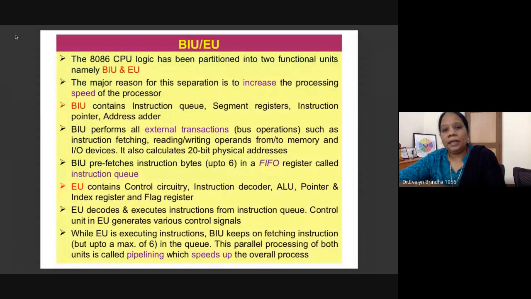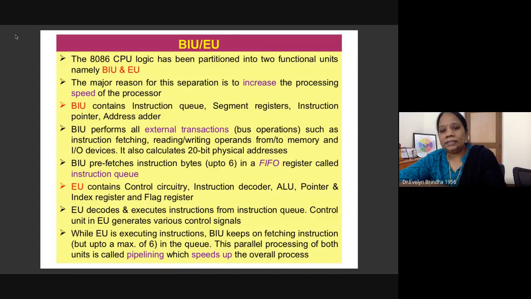Okay, and what all operations BIU performs, majorly it does instruction fetching. The first main job for BIU is to fetch instructions from the memory. Second, to read and write data or operand from the memory. Either to read data from the memory or to write data to the memory. Both are done by the BIU unit.